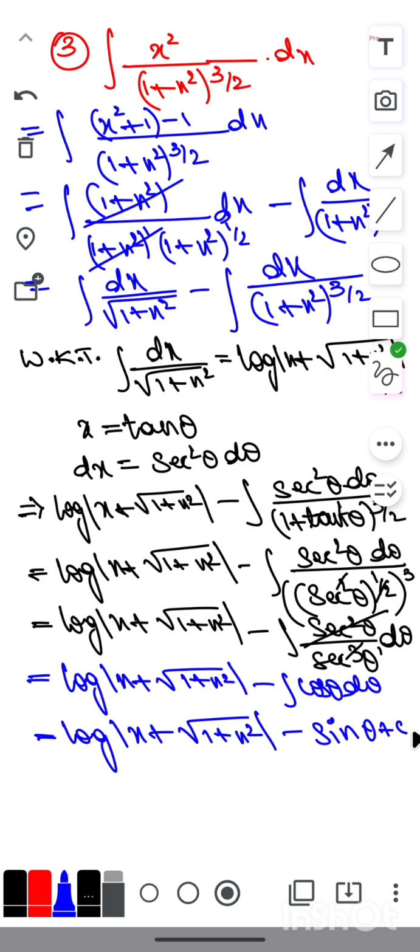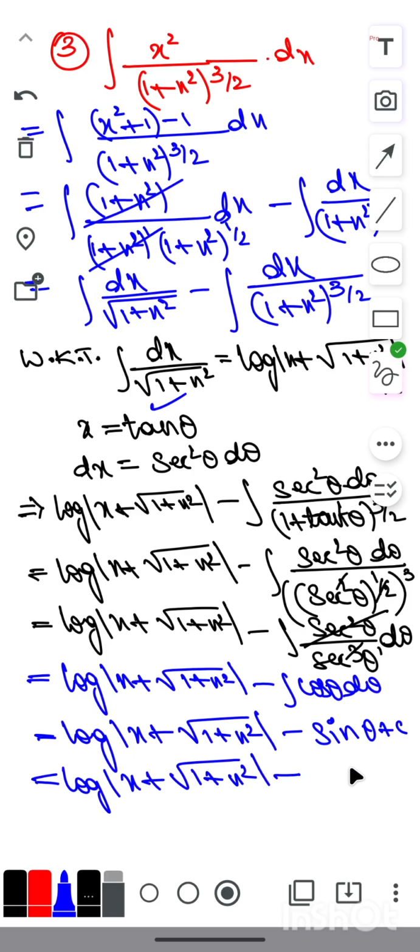Now substitute back the value of theta. What is the value of theta? From the given function, theta is equal to tan inverse of x. So this is equal to log of modulus of x plus root of 1 plus x square minus sin theta.